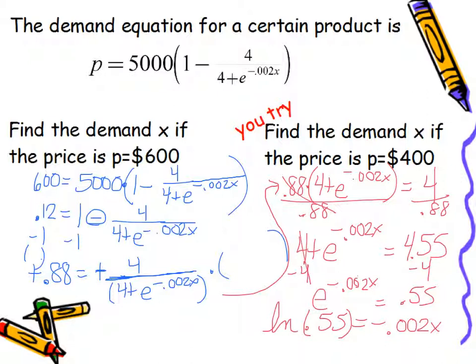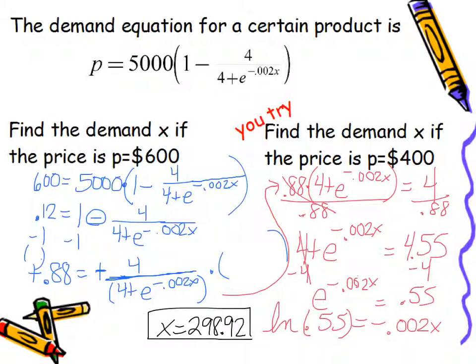So natural log 0.55, close the parenthesis, and divide it by the negative 0.002. So in the end, what I have for my x value, I have x equal to 298.92.